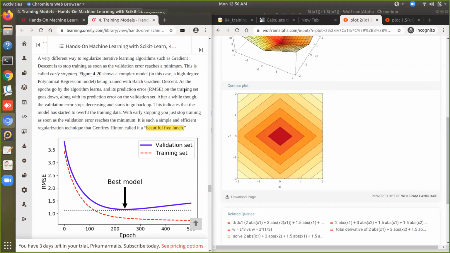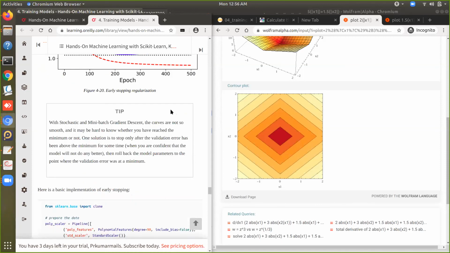And that's what augmentation is doing, basically giving you more data. It's going to prevent your model from memorizing specific noise in a small data set.